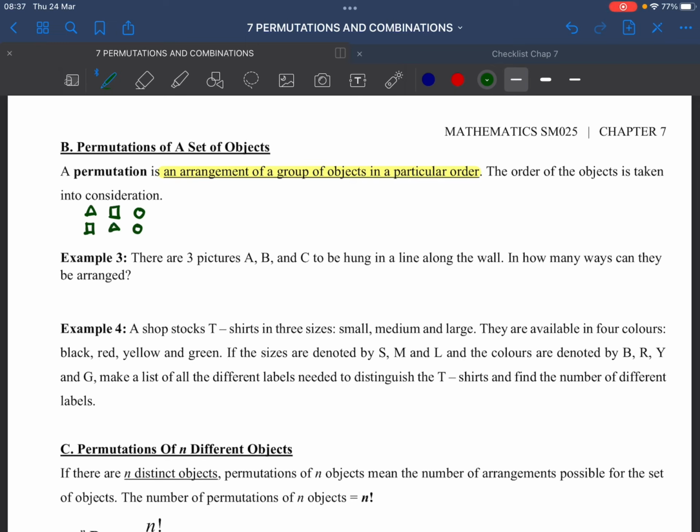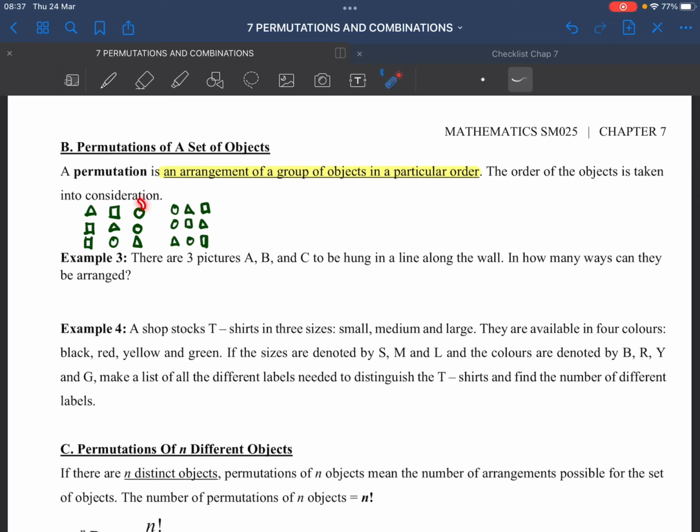Again we can change square, circle, triangle, and apa lagi kita boleh buat? Circle, triangle, square, circle, square, triangle, and kita ada triangle, square, circle. Bukan, tu dah tulis. Apa satu lagi? Triangle. Yes, triangle, square, circle.